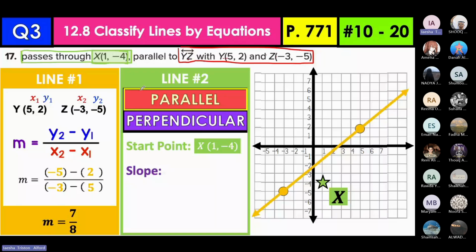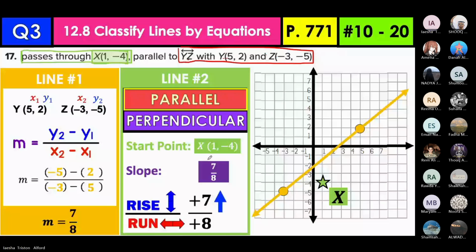Parallel slope means same slope. So from the start point, the x, you're going to use the same slope. You're going to go up 7 and right 8. Draw the line. You know you are correct if your picture is parallel.